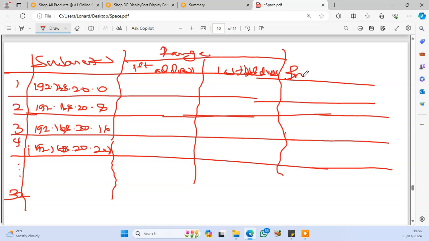If I want the broadcast for this side, for this one here, I will just subtract 1. The IP address before this one will be the broadcast of the previous subnet, since it's going to be the continuation. So I will subtract this, it will be 192.168.20.23. If I want the subnet broadcast for this one here, I will subtract one and remain with 15.